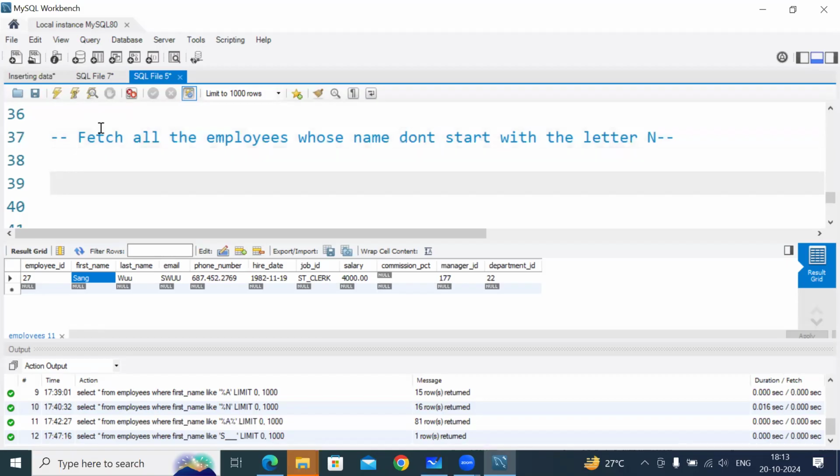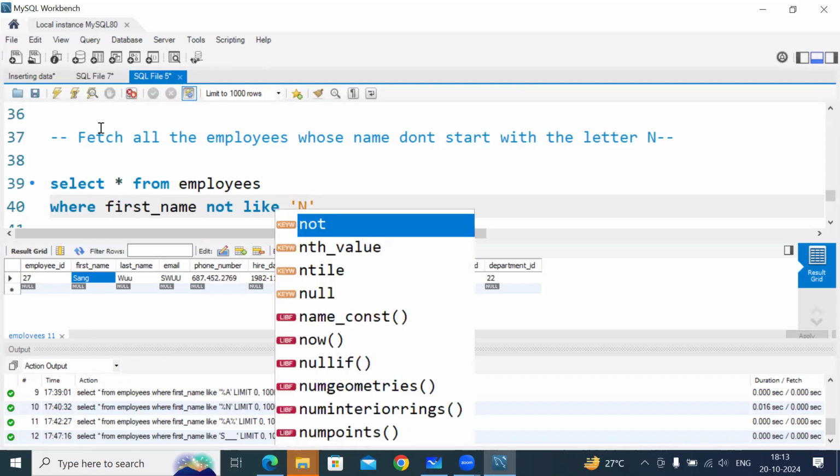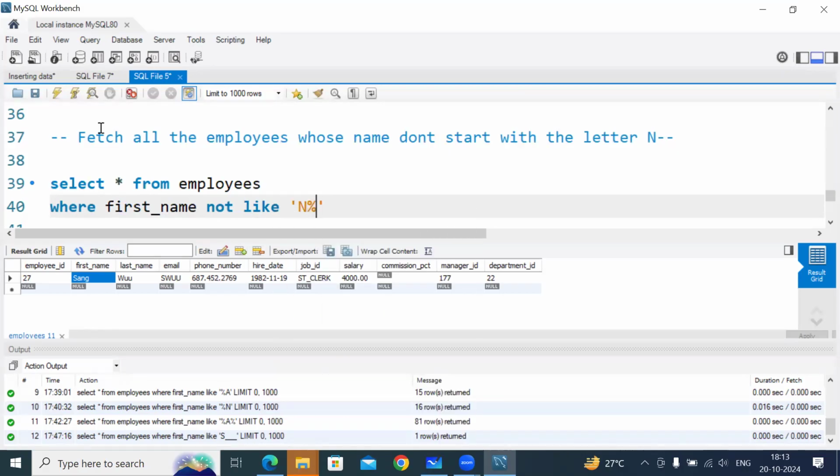For this question, how can we write a query? We need to fetch all the data from our employees table where our first name should not contain this particular pattern, that is first name starting with N.